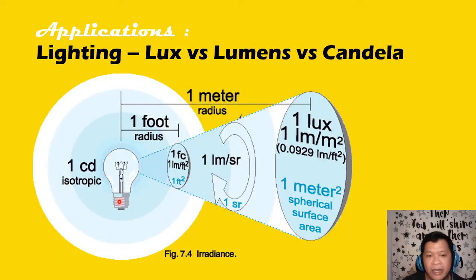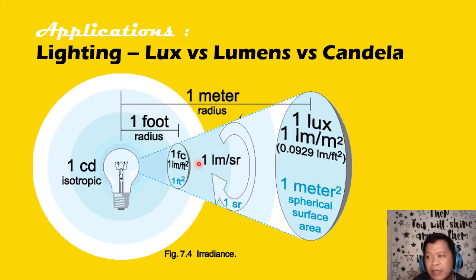Okay, so assuming we have a 1 candela light source, meaning hypothetically in this case from any side mo siyang kunan ng luminous intensity is 1 candela siya. Okay, if you project 1 steradian solid angle, then that would be a 1 lumen, okay, na total light per steradian.